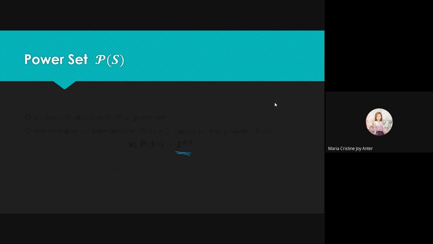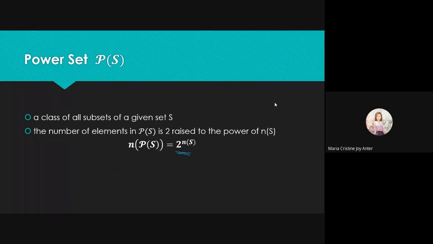Okay? Now, we also have what we call the power set. Unsa po ni ang power set? Okay? The power set is a set. Mura siya class gihapon ha. Ang difference niya is kaganina sa class of sets, i-describe niya kung unsa ang conditions nga dapat sulod ana nga class.